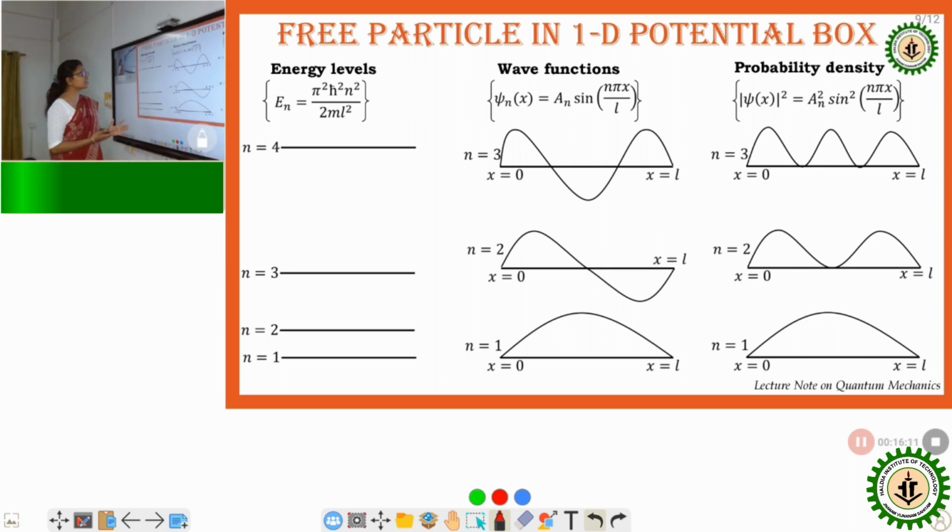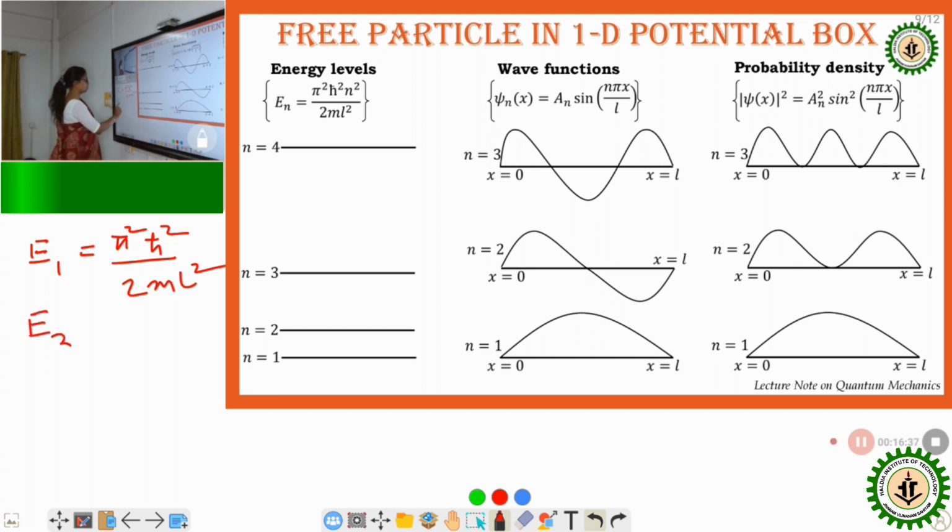Now I am saying, what will be the difference between two successive energy levels? Suppose E1 means pi square h cut square by 2 m l square.